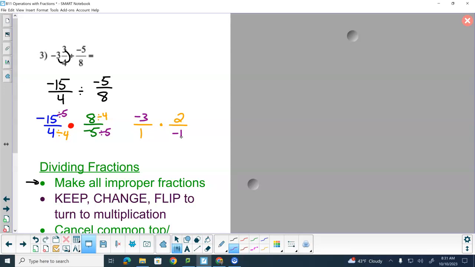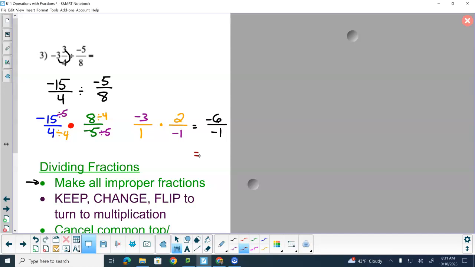Negative 3 times 2, negative 6. Negative 1 times 1, negative 1. Negative 6 divided by negative 1. Negative divided by a negative, we talked about it earlier.